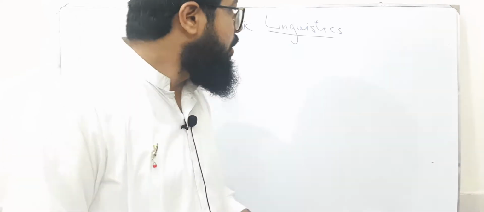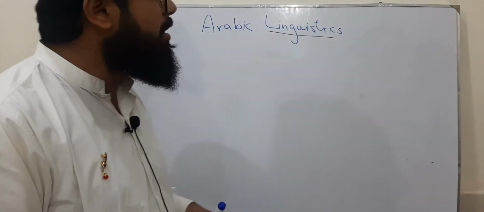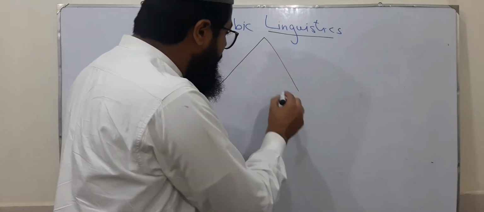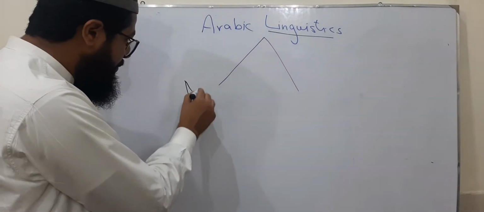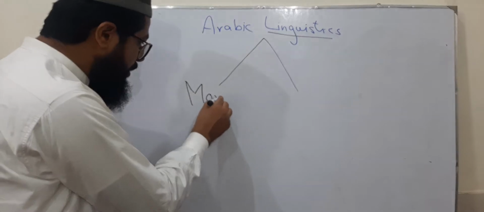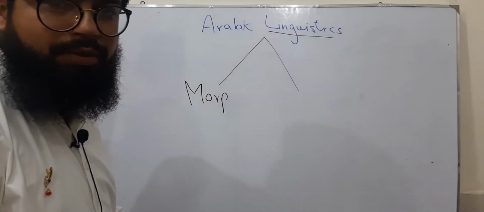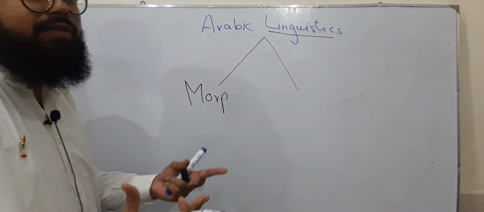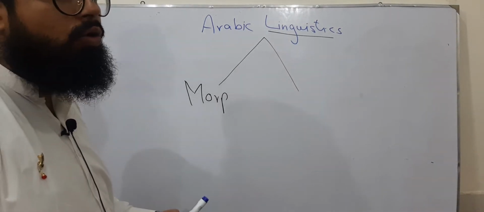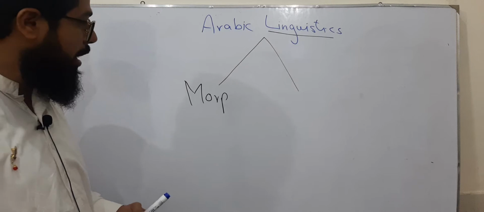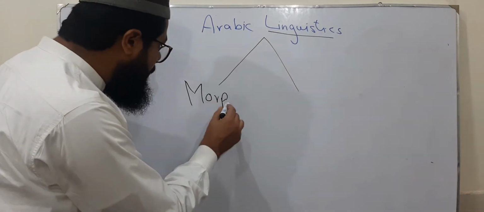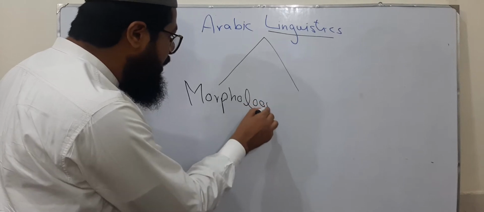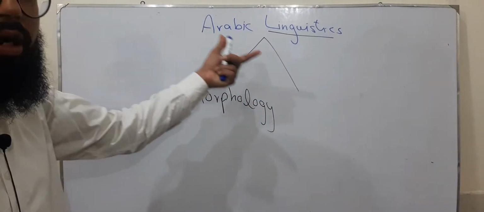Okay, dear students, there are two branches of Arabic linguistics. Number one, morphology. If you want to learn how to speak, read, write, understand and comprehend the Arabic language, then you will have to learn about morphology. Morphology of what? Morphology of Arabic.